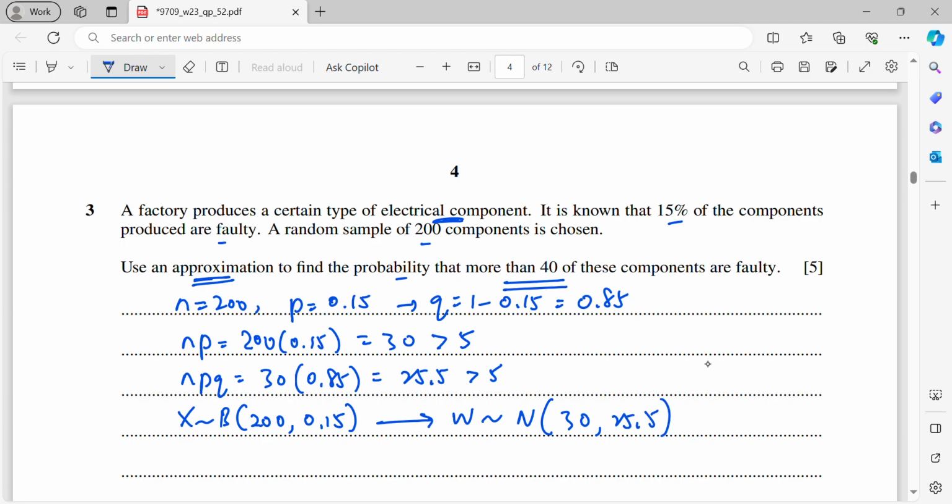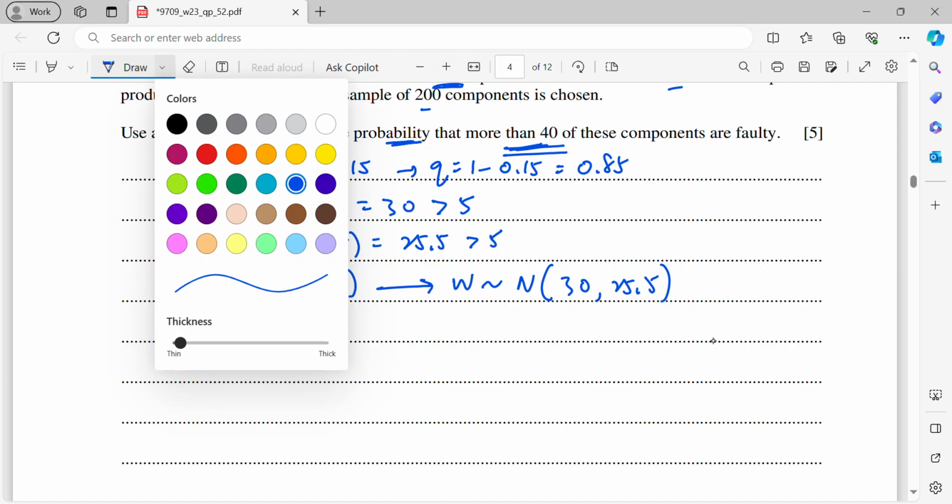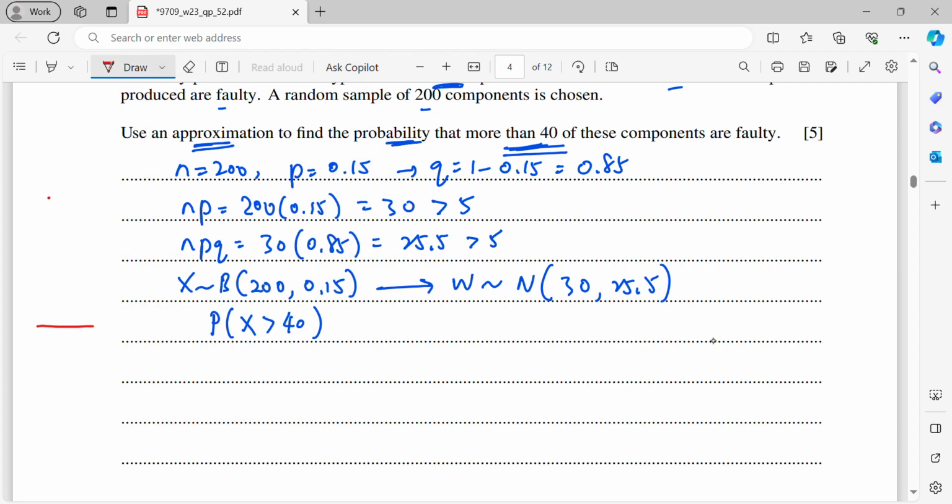Okay, now you need to count the probability that more than 40 of the components are faulty, which means you need to count P(X > 40). Now you must be careful because your X is binomial distributed, your W is normally distributed. So therefore we have to consider the continuity correction because your X is a discrete random variable and the W is a continuous random variable.